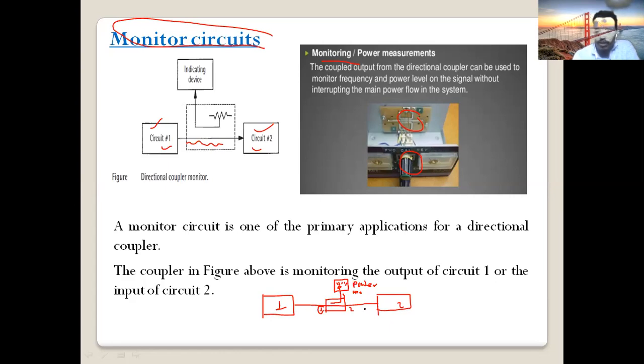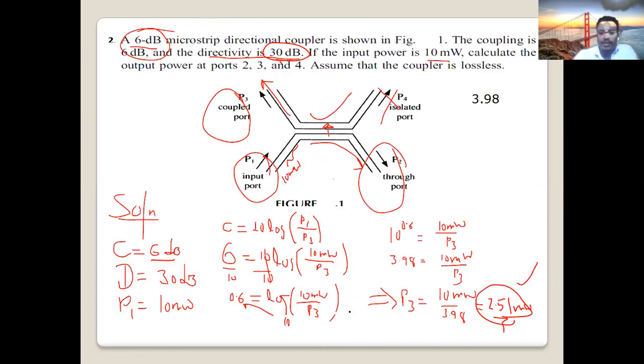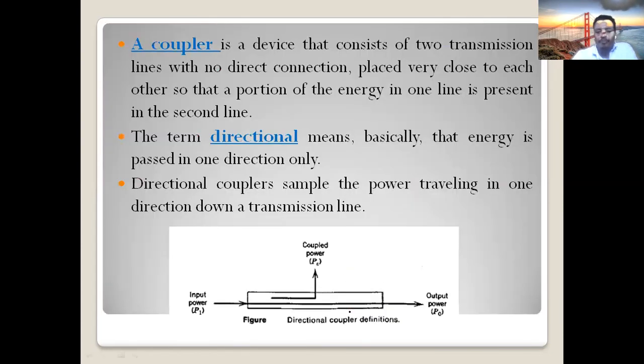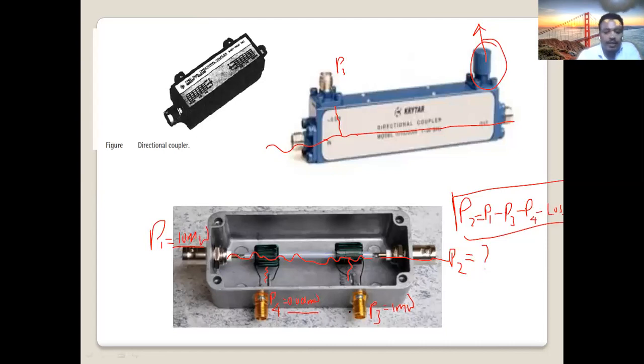Port number 2, connected to system 2. Signal is still transmitted without interruption, but by coupling, a small amount of sample goes to our power meter, because the power meter is connected where? Look here.